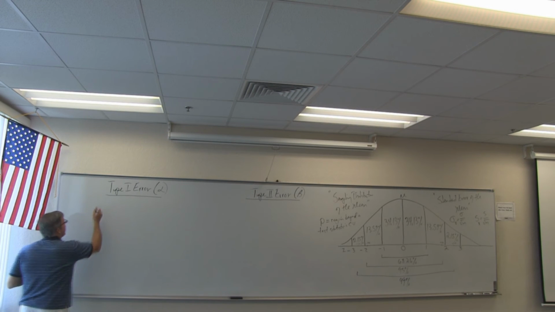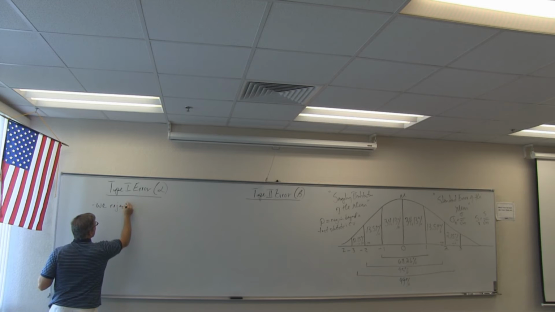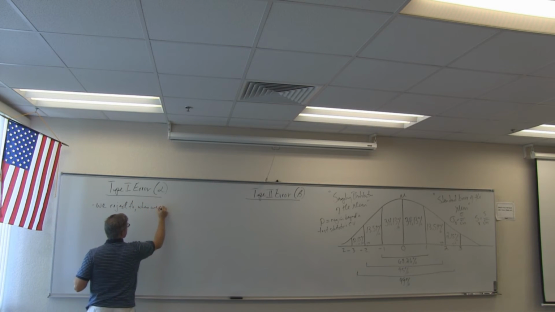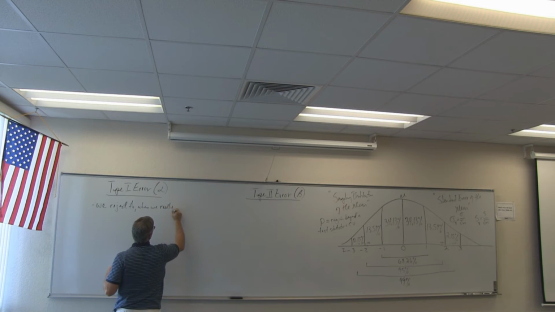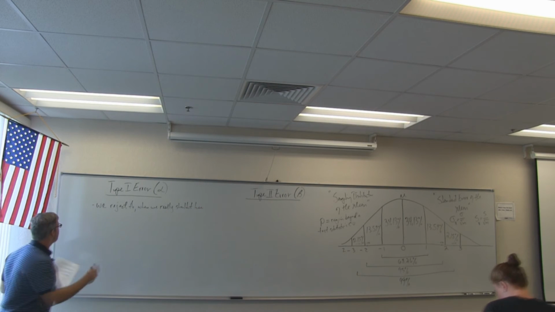We commit a Type 1 error when we reject the null when we really shouldn't have. The book refers to this as rejecting a true null.